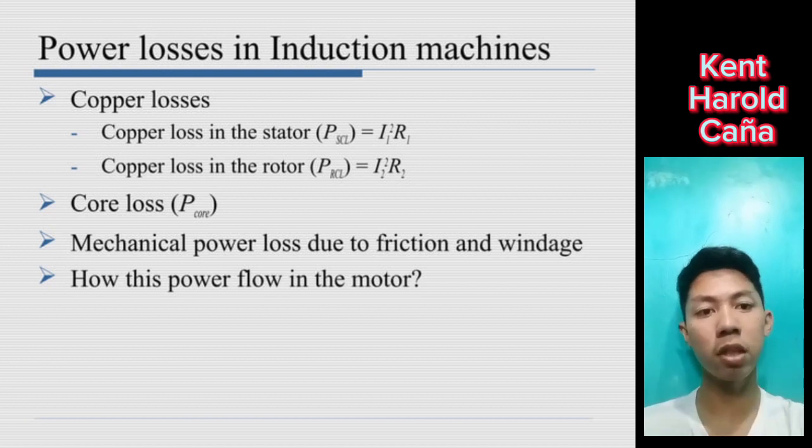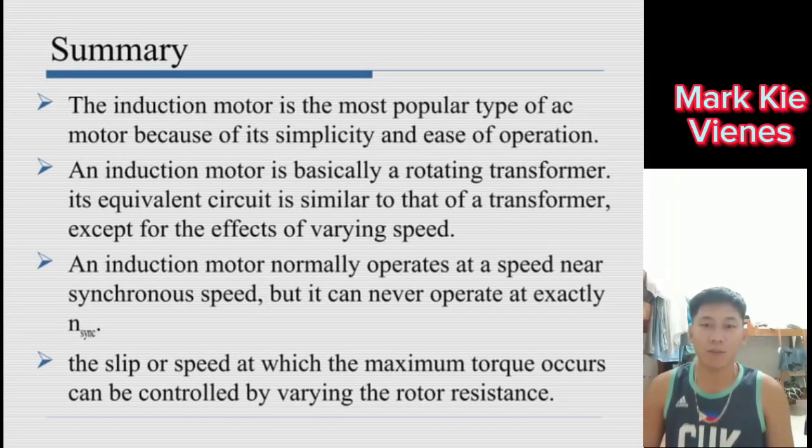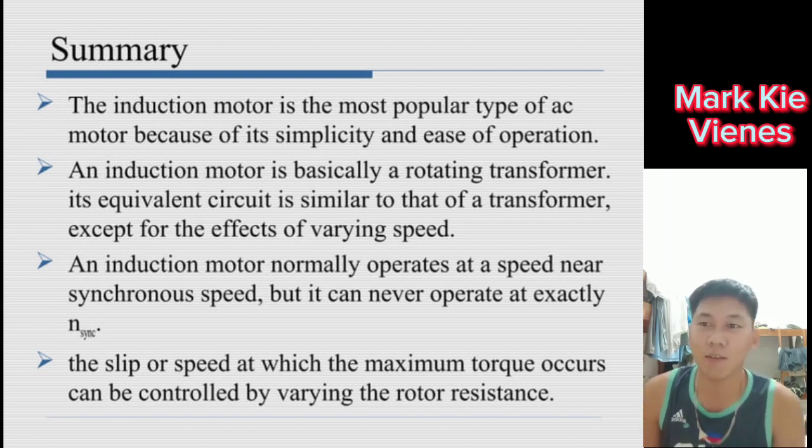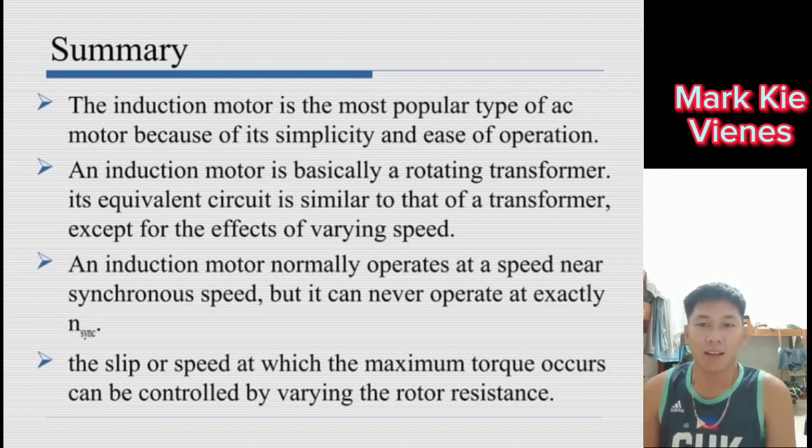for improving machine efficiency. For the summary of our topic, the induction motor is the most popular type of AC motor because of its simplicity and ease of operation. An induction motor is basically a rotating transformer. Its equivalent circuit is similar to that of a transformer except for the effects of varying speed.